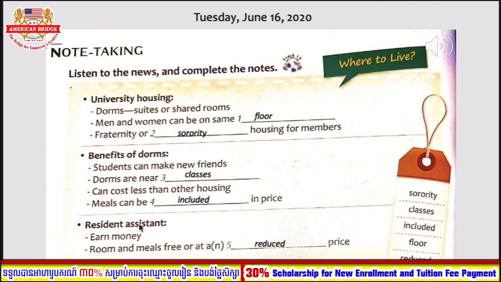For resident assistant, you can earn money if you work as a resident assistant, which means you look after the building or the house, and you get the meal and room for free or at a reduced price. Okay, this answer is provided for you. So this is the important information. So after you listen and take notes, I hope you get all the information to answer some of the comprehension questions. So are you ready, everyone?